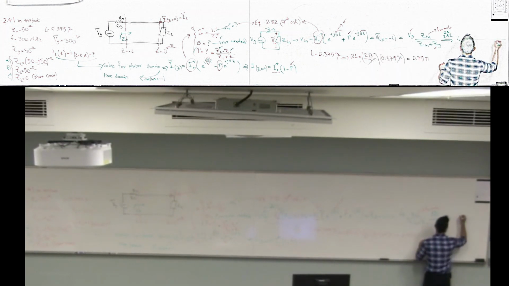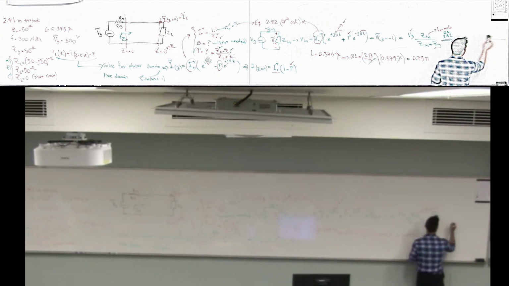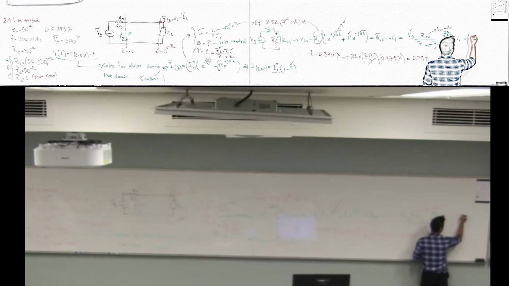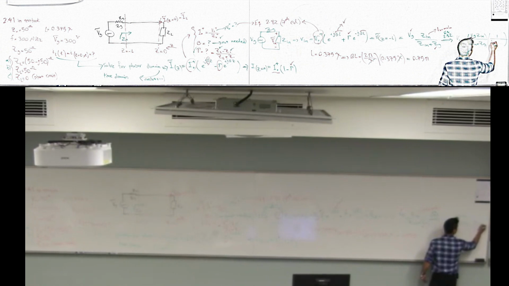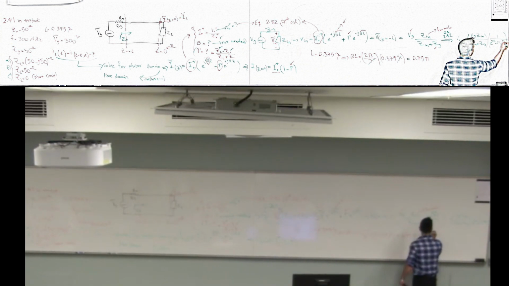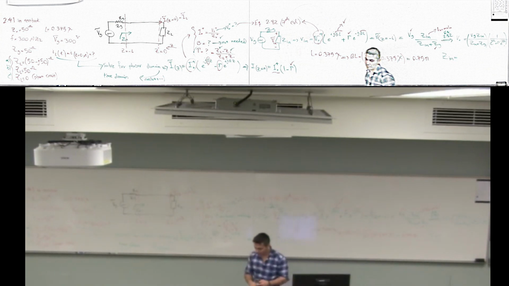Let's write them separately. Vg times Zn divided by Zn plus Zg, the whole thing times 1 over that. You do e to the power j beta L plus gamma e to the power minus j beta L. And then for Zn, we have its formula. And in its formula, we have beta L and gamma again.